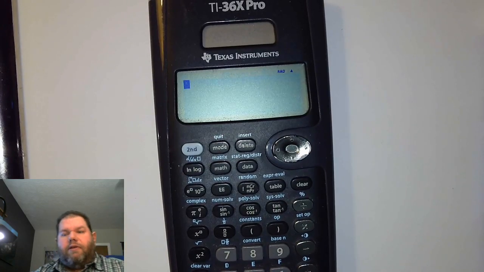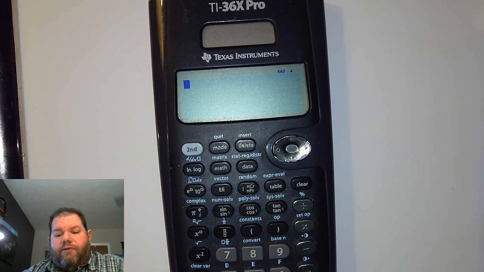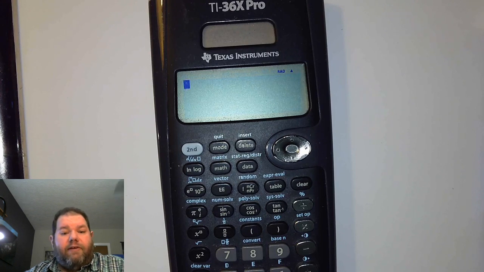Like I said, the TI-30, TI-36, those are very general models of calculator that work for a lot of different things. If you know that you need to take some kind of statistics course, I would recommend the 36 because it does have the statistics functions built in as well. The 30s tend to have more business operations built in. So I know a lot of you are majoring in business.